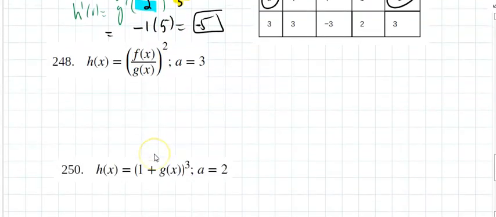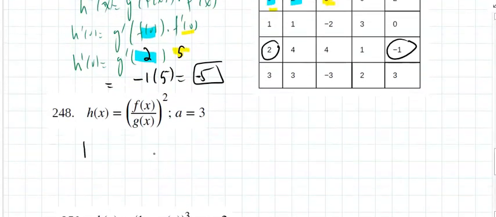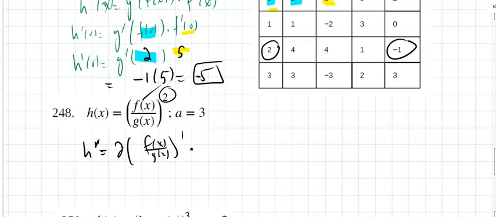How about this problem? Well, here we're taking h prime. The outsidemost function is the square. You bring the power down, subtract 1 from the power. Then you take a derivative of the inside, that's the quotient rule. It's going to be over the denominator squared.